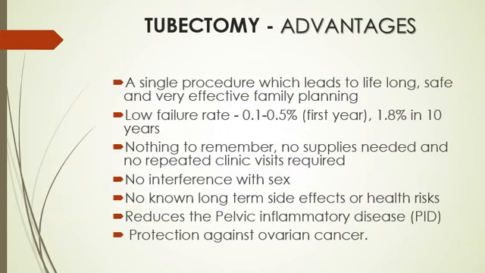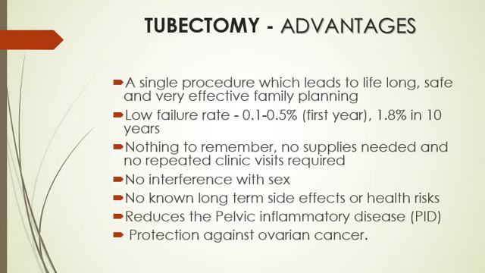So what are the advantages of tubectomy? It is a single procedure which leads to a lifelong, safe and very effective family planning method. It has a low failure rate. Usually in the first year it is 0.1 to 0.5%, and 1.8% in 10 years. That is very low.